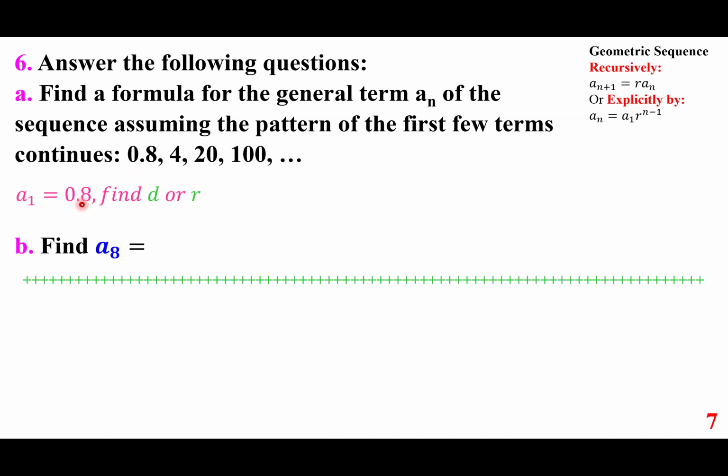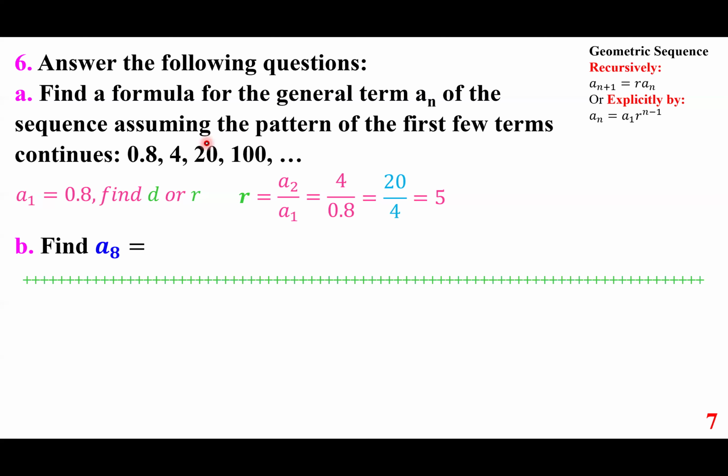d or r. And notice if you divide 4 by 0.8, 20 by 4, 100 divided by 20, what happens? a sub 2 over a sub 1 is 4 over 0.8. That is 5, the same as 20 over 4, which is 5, the same as 100 over 20, which is 5.